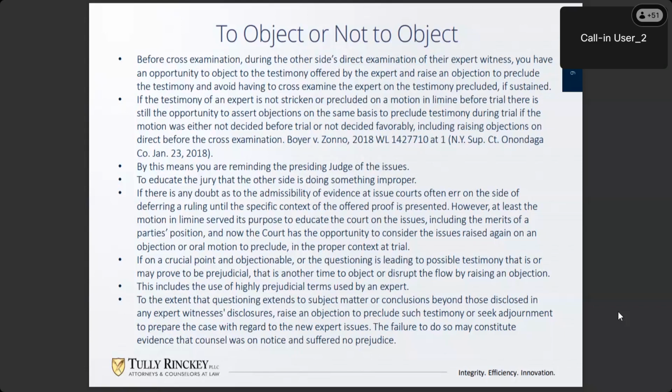I think that the circumstances in which you want to object are if the testimony is prejudicial or violates a ruling by the court, including if there is a close question about whether it is prejudicial or may violate a prior ruling on a motion in limine, for instance, or the issue to preclude testimony came up in a motion in limine.